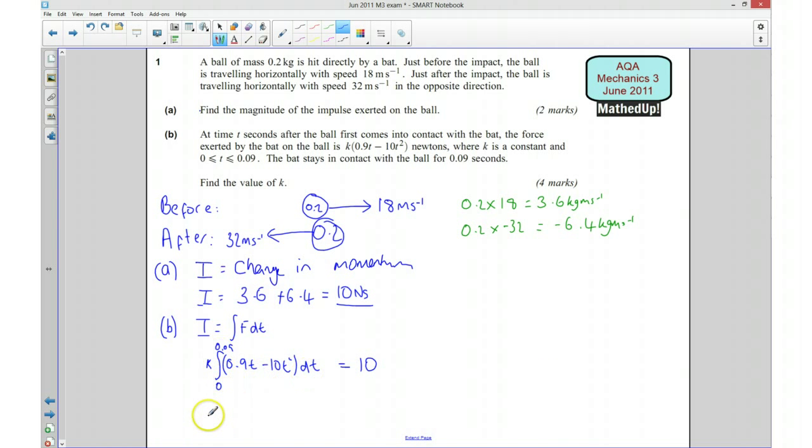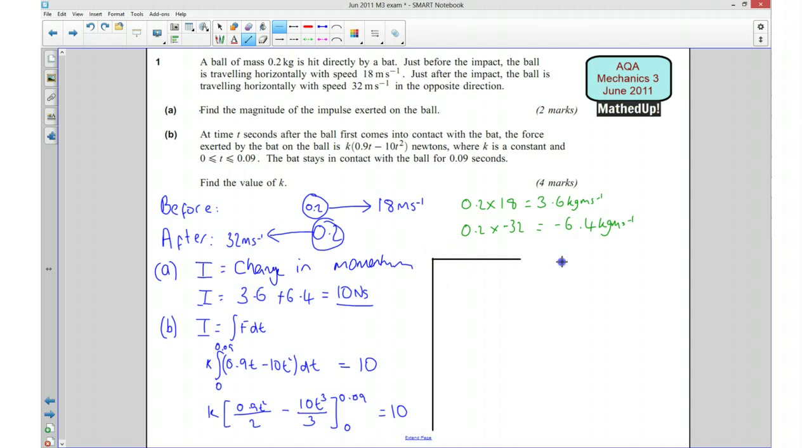I can then carry this on, because I know that k times, if I integrate this, I'm going to get 0.9t squared over 2, take away 10t cubed over 3, with limits 0.09 and 0, and we know this has to be equal to 10.